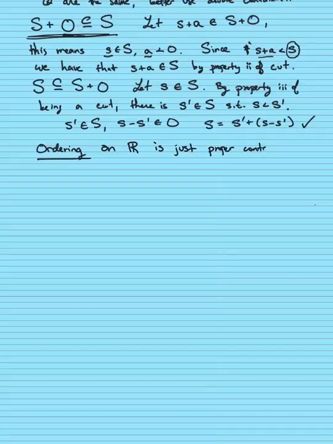In other words, S is less than T if and only if S is a proper subset of T. If you think about two left rays in the rational numbers, this makes perfect sense. The ray corresponding to the larger rational number is going to correspond to the larger set.